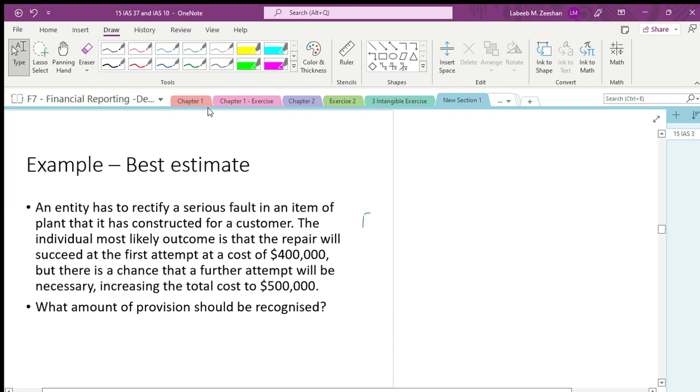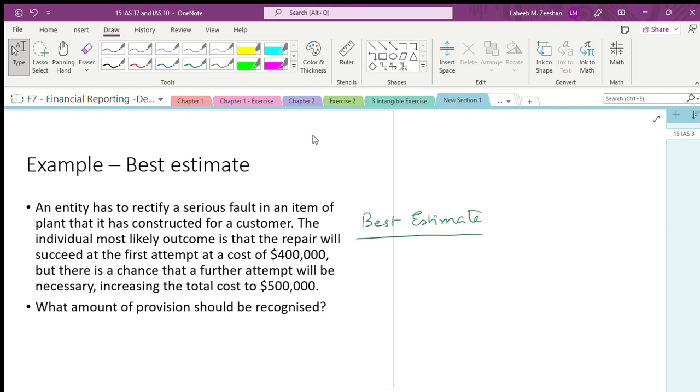What they say is that it is going to be a best estimate. The rule says that it is going to be a best estimate and more likely. They say that the repair will succeed in the first attempt. It is the best estimate. How much provision do you have to make? If nothing happens, then another attempt will be necessary, increasing the total cost from 400 to 500.